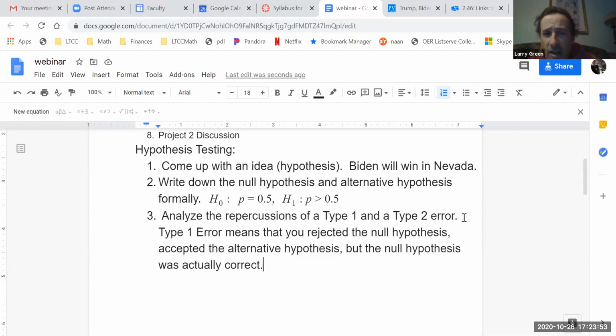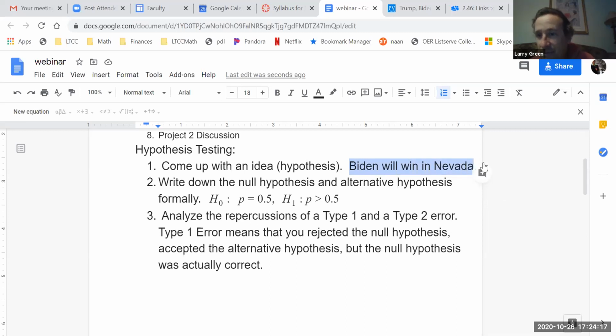Okay, let's take a look at the type 1 error for this example. Then I'll give you some more examples that are more severe. All right, so in this example, that means you accepted that P is greater than 0.5. You decided Biden's got it. He's a shoo-in. He's winning in Nevada, period. He's done.